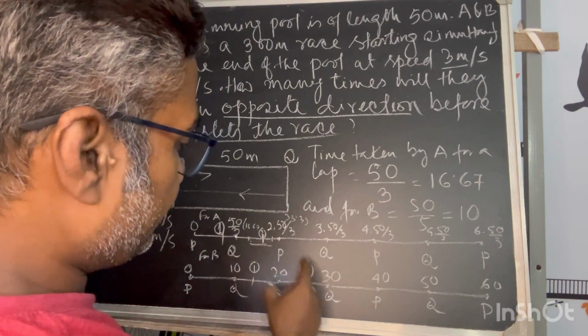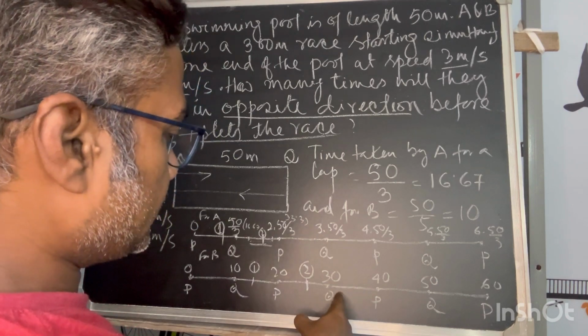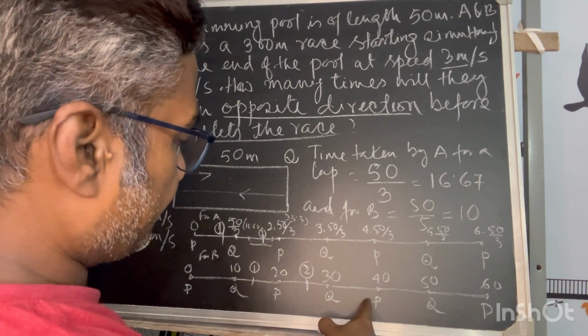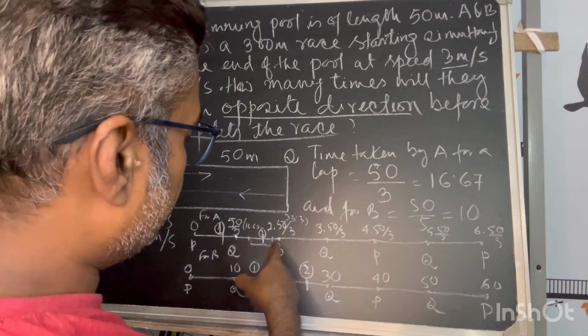crossing 30 to 40, he is in Q2P. Okay, and 30 is where?